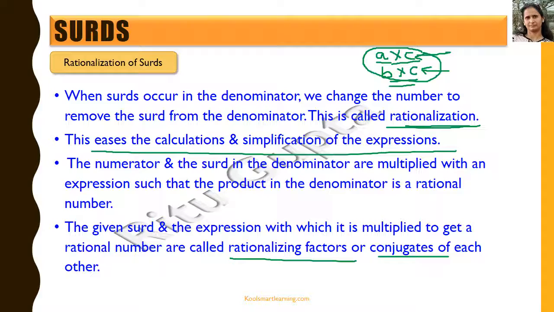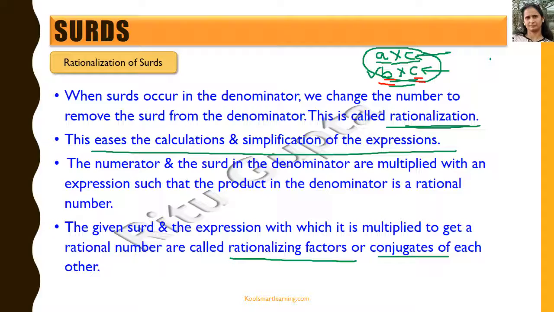So we are saying, if we had b in the denominator, which is a surd, we multiply this with c in the denominator to make b into c a rational number. In that case, b and c are called rationalizing factors of each other or conjugates of each other.